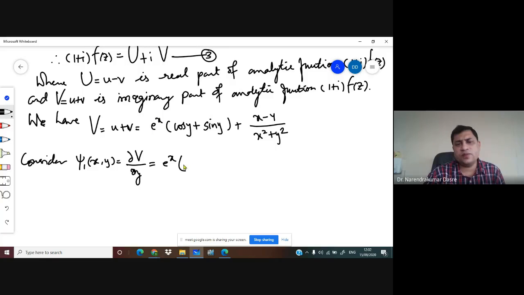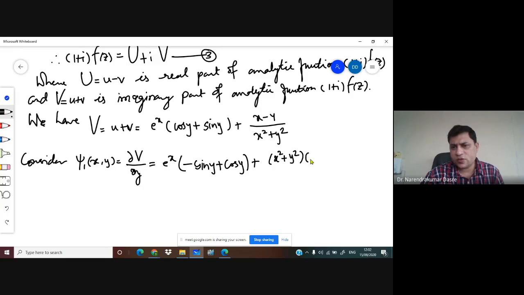So derivative of cos y is minus sin y plus derivative of sin y is cos y plus. So here we have to use u upon v rule. So we'll be having x square plus y square. The derivative of u is minus 1 minus x minus y, and the derivative of v is 2y, upon we have (x square plus y square) whole square.